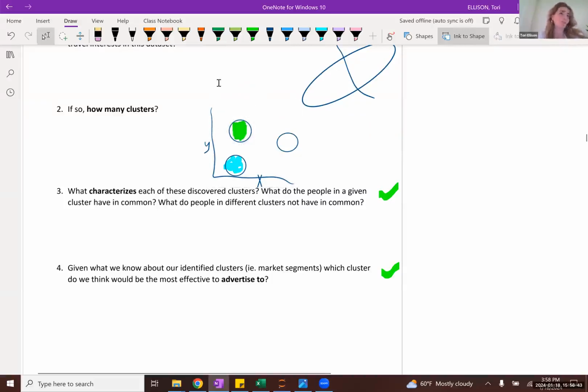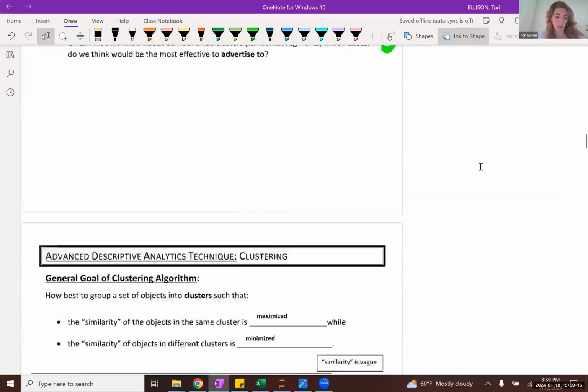I'm giving the ending away here, but for instance, maybe people who like art galleries or juice bars are more likely to want to come to a yoga studio, as opposed to people who like religious institutions. So we're going to look at what characterizes the people in each of those groups, and then use that to make a best decision about what they also might like. There's a little bit of qualitative analysis in the end that you want to think about.